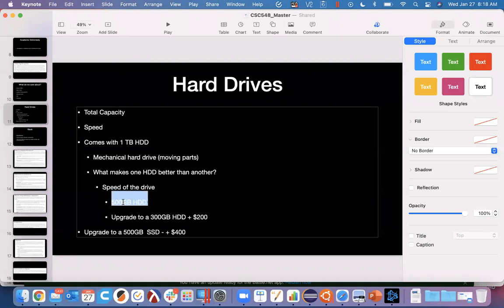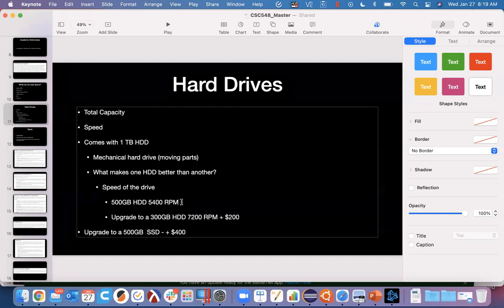So what was the differentiation between these two drives? This guy probably was a 5,400 RPM drive, and this guy was probably a 7,200 RPM drive.